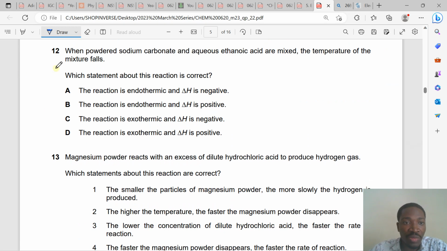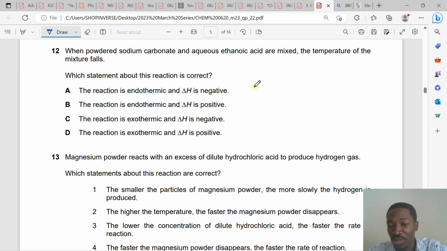Question 12. When powdered sodium carbonate and aqueous ethanoic acid are mixed, the temperature of the mixture falls. Which statement about this reaction is correct? When the temperature of a mixture falls, what does that mean? Then the mixture looks cold, right? Since the mixture has become cold, then it is trying to absorb heat from the surrounding.